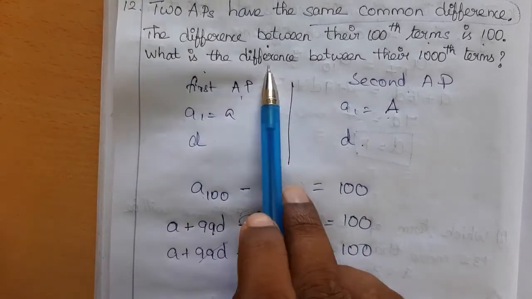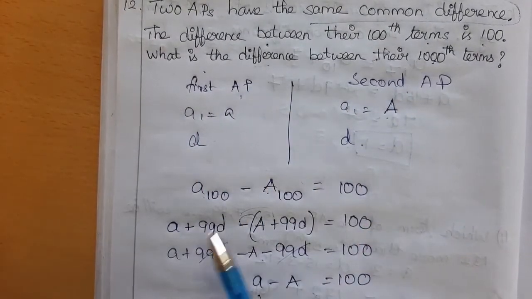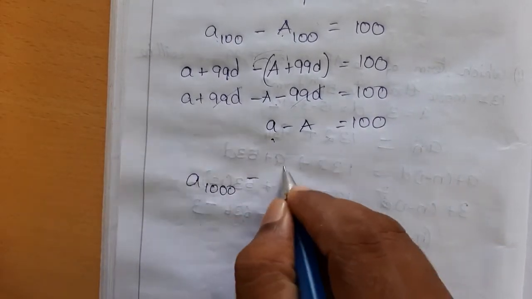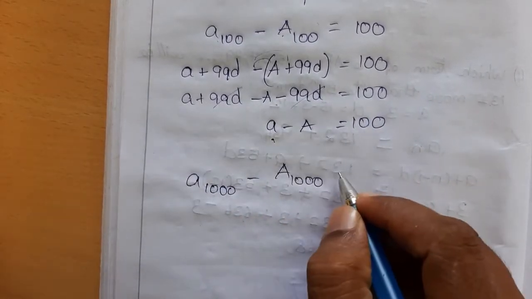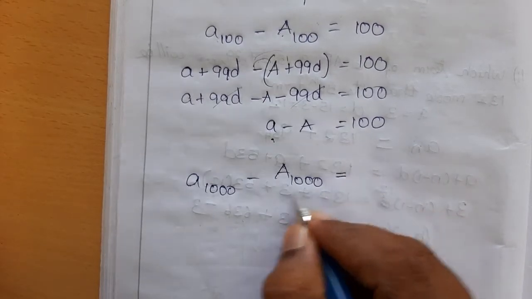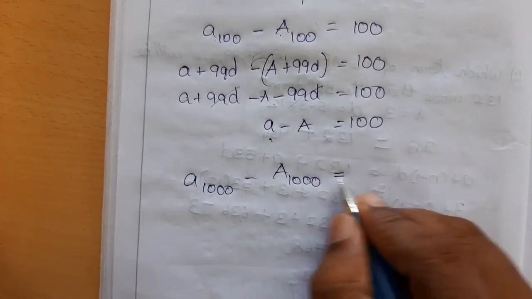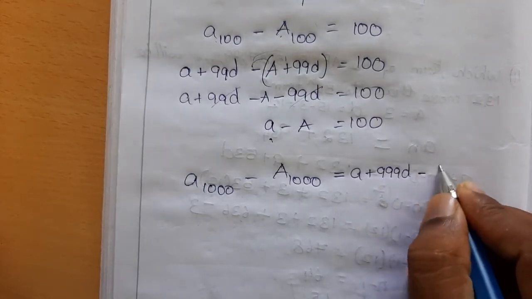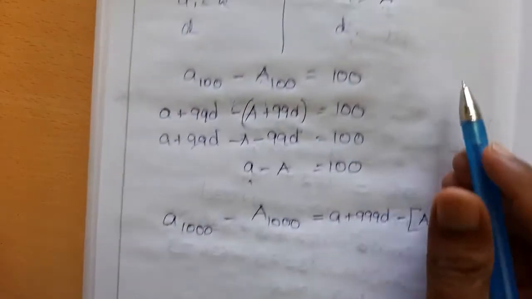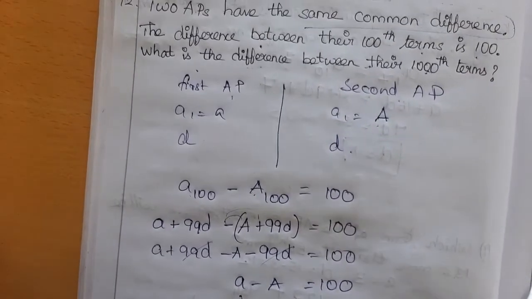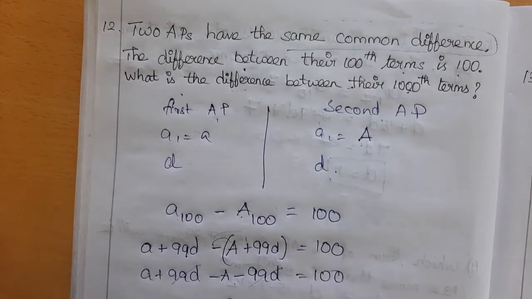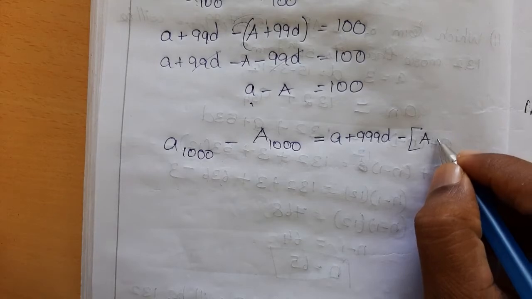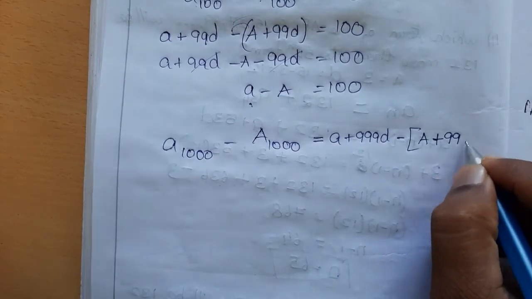So they asked to find the difference between the 1000th terms. Likewise we will substitute. So a 1000 minus capital A 1000, this is what we have to find. Let me apply the general term. This we can write as a plus 999d minus capital A plus 999d. Here the first term is capital A that we have assumed, because the first terms are not said to be the same. Only the common differences are the same.